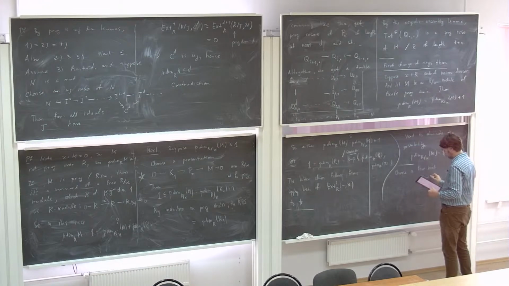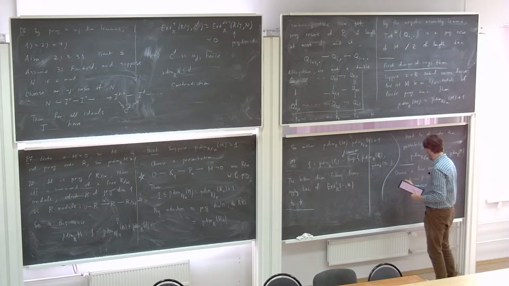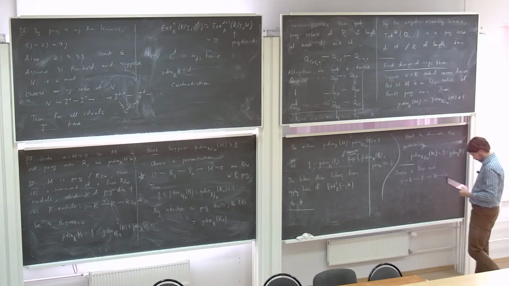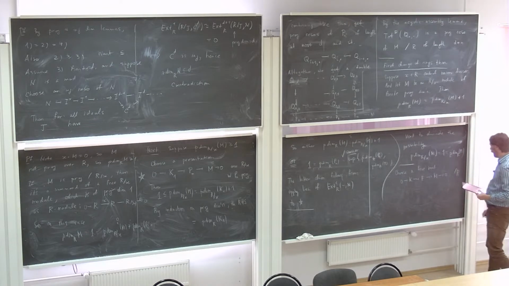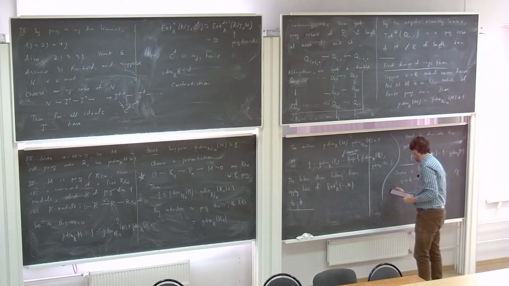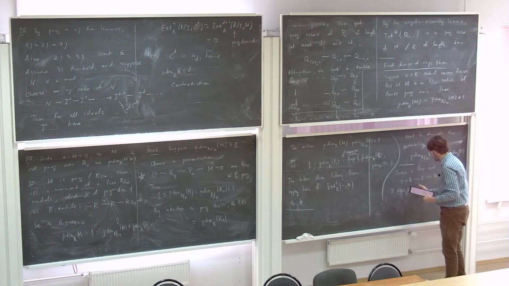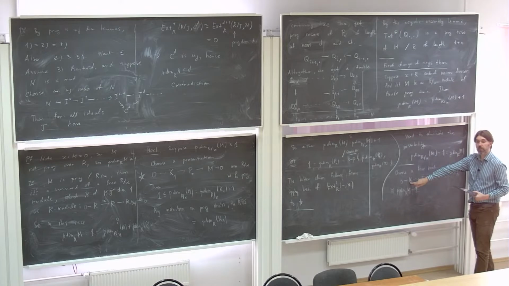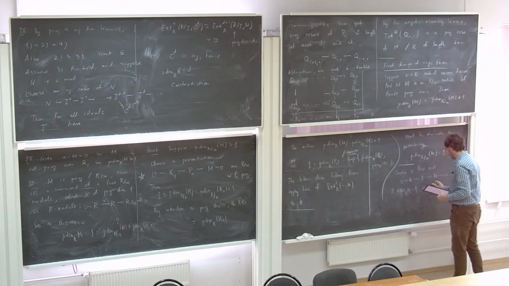F that surjects onto M and has some kernel K. If the projective dimension, so I guess this is over R, if the projective dimension here was equal to 1, then this would be projective by the projective dimension lemma.